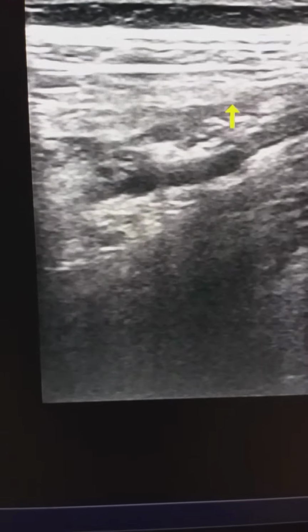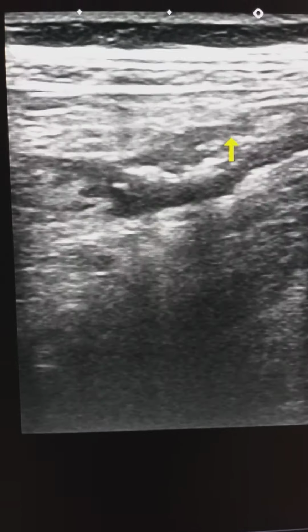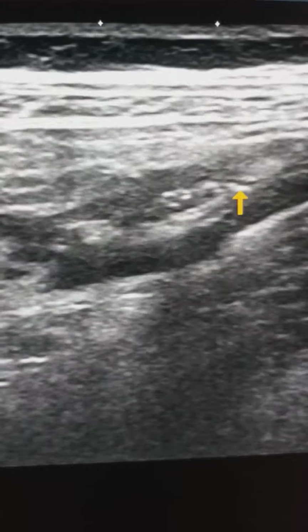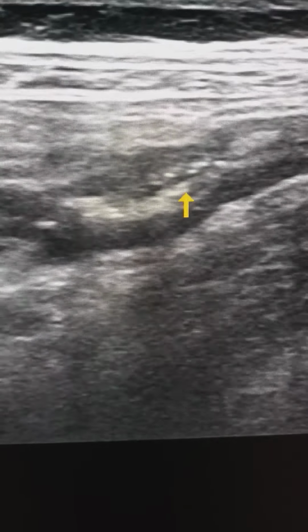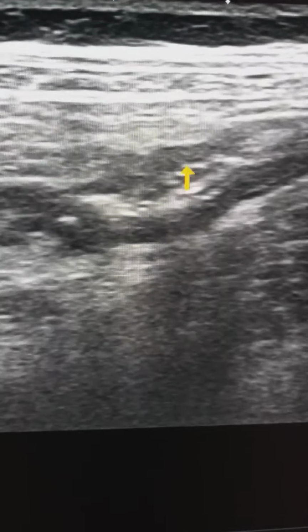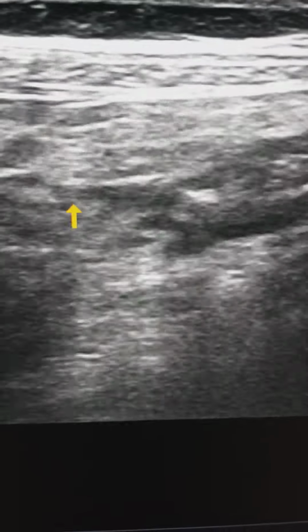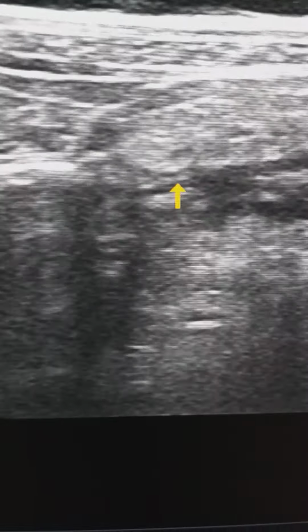So this small bowel, which is likely terminal ileum, is thick walled. Here we can see that it has a narrow lumen filled with echogenic gas, and the wall is thickened, and when it joins, it is the joining point.